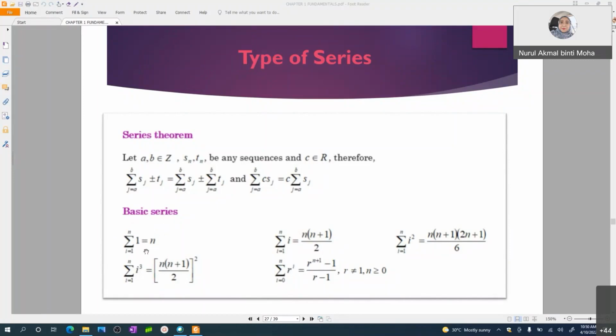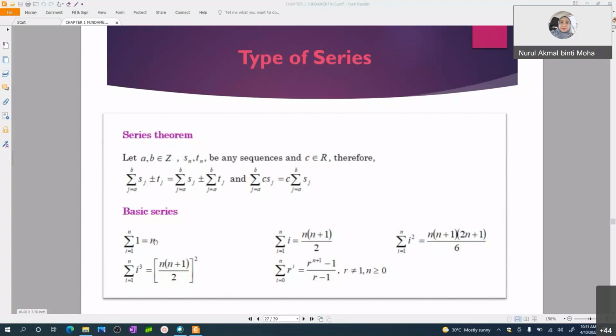Obviously, you will have n, isn't it? If I say, what will be the summation for the element 1? 4 times. You add up 1 for 4 times. 1 plus 1 plus 1 plus 1. So you will get 4, isn't it? So that is the same if you generalize the 4 as n.